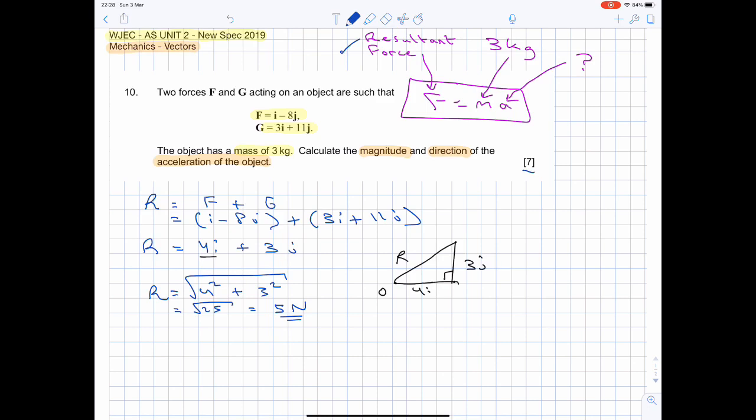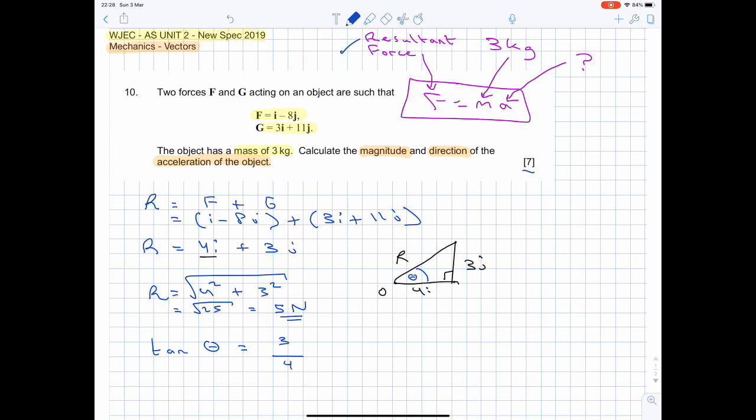We can now find the direction of the acceleration of the object from this same diagram here. This will be the angle theta. We can find this angle using the tan rule. I'm now going to do that. So tan of theta is opposite over adjacent, so that would be 3/4.